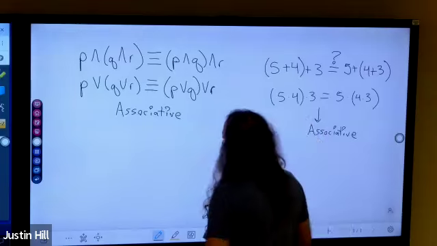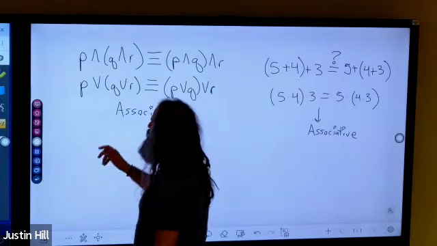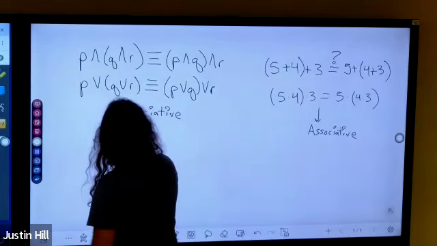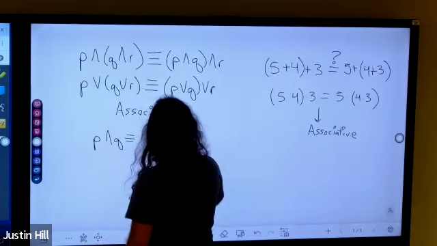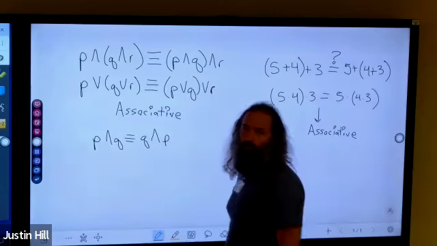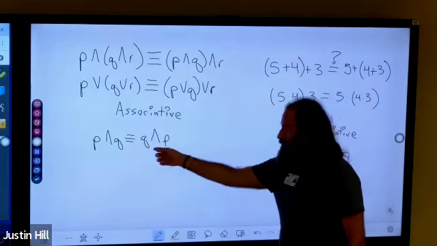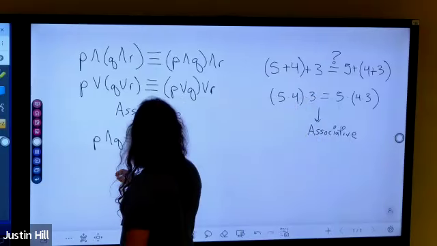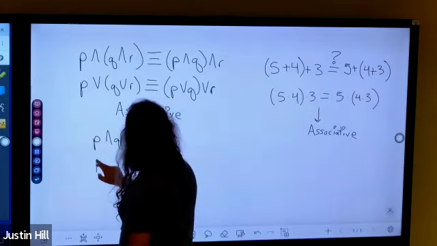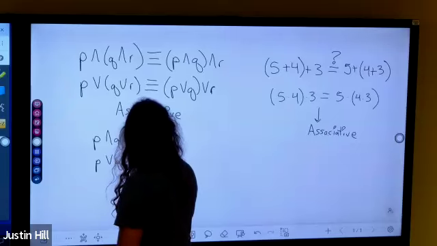So for instance, you also have the commutative property. So P and Q is equivalent to Q and P. So I can switch the order of the statements, the numbers I'm using, but here they're statements, and I get the same results. Same thing for the or operator.